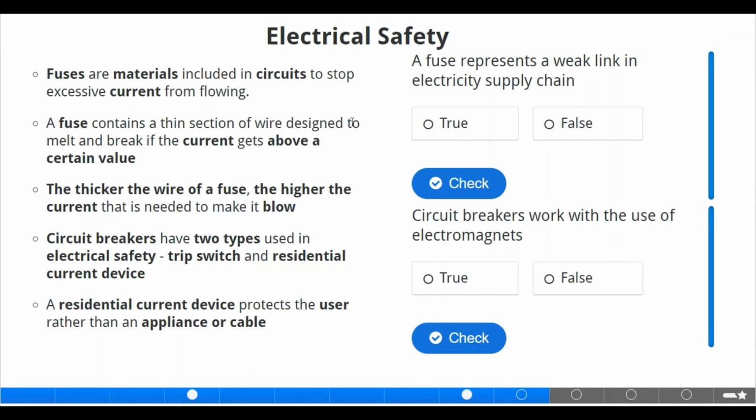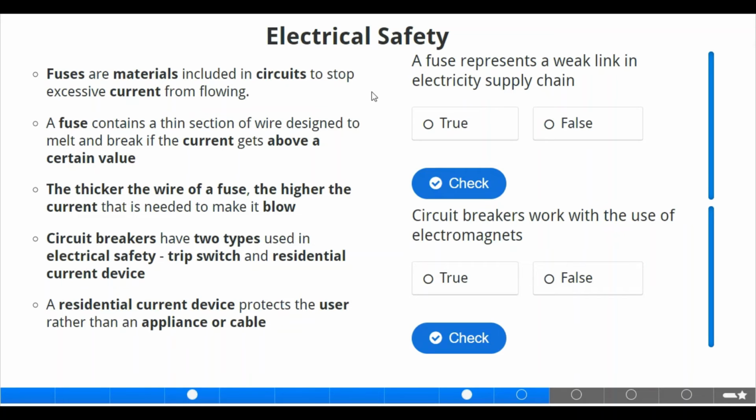Now, we are still dealing with electrical safety. Fuses are devices included in a circuit to stop excessive current from flowing. A fuse contains a thin section of wire, as we have seen before, designed to melt and break if the current gets above a certain value.